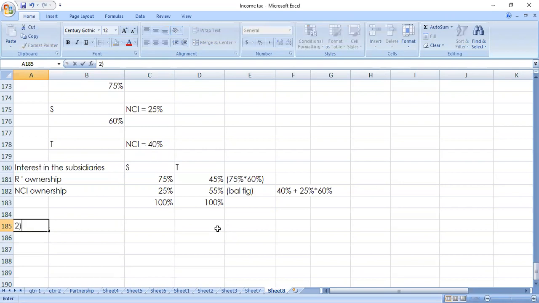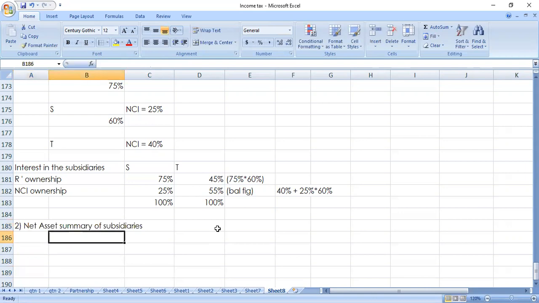So inevitably I can't avoid it, but if it was opportunity, I would actually skip it, because this is what we have been doing. So net asset summary of the subsidiary. I want to emphasize subsidiaries. In this case, there are two. But the other time, it was only one. Okay, so now if there are two, this is how you can go about it.